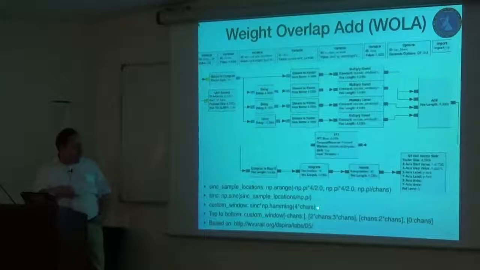The window that is used here is actually a product of the sinc function and the Hamming function, so that you taper the edges a little bit nicer, and then you don't just truncate the sinc function. And this gives you the custom window function, which is 4 times as long as your FFT, and then you divide it in 4 ranges, which correspond to these multiply constant vectors each. And that's basically all of it.